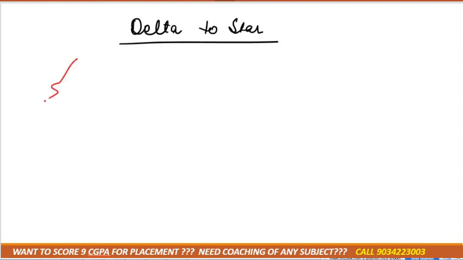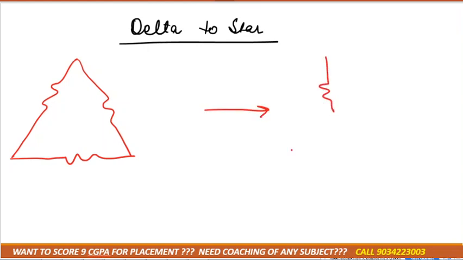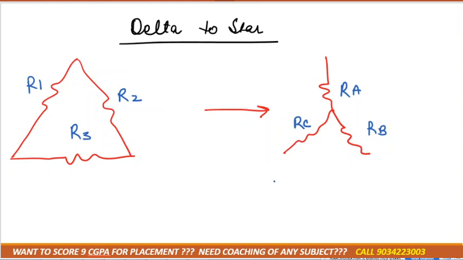See, let's make the delta first. Delta is like this, right? And it needs to be converted into star. Let us consider this one would be R1, R2 and R3. This one would be RA, RB and RC. So which values do we need if we want to convert from delta to star, R1, R2, R3 or RA, RB, RC? RA, RB and RC.